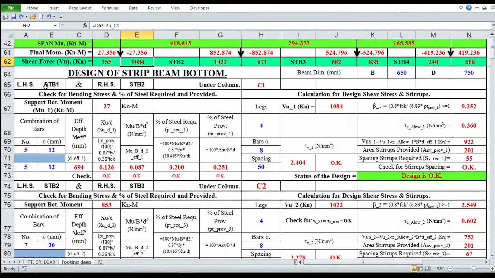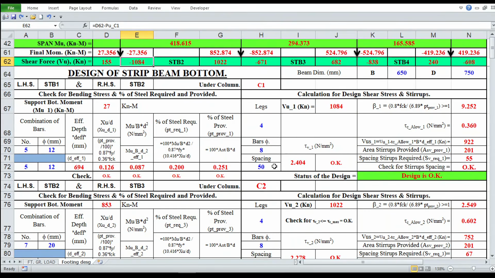This is our strip beam number 1. Left hand side of strip beam number 1 and right hand side of strip beam number 2. Column under C1. Moment here 27.356 kilonewton meter, and we have provided 5 number of 12 torr plus 5 number of 12 torr bar, and 4-legged 8 torr 50 spacing.